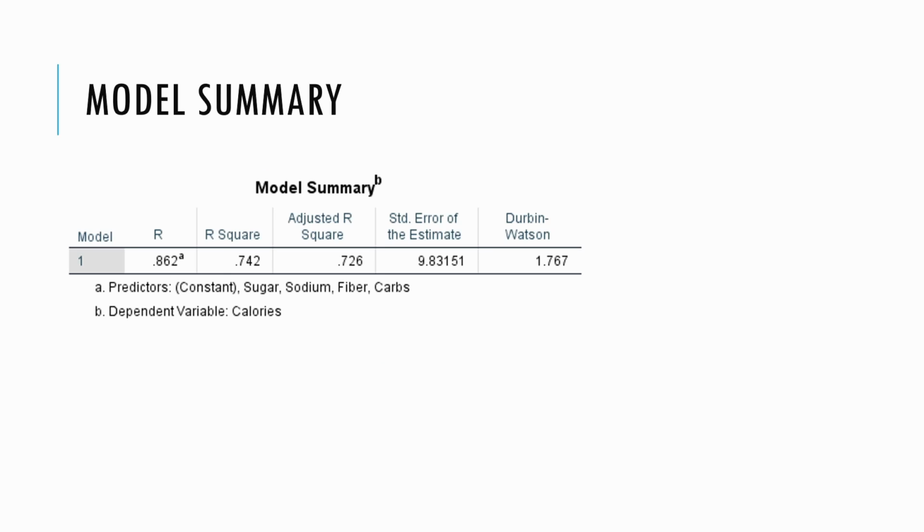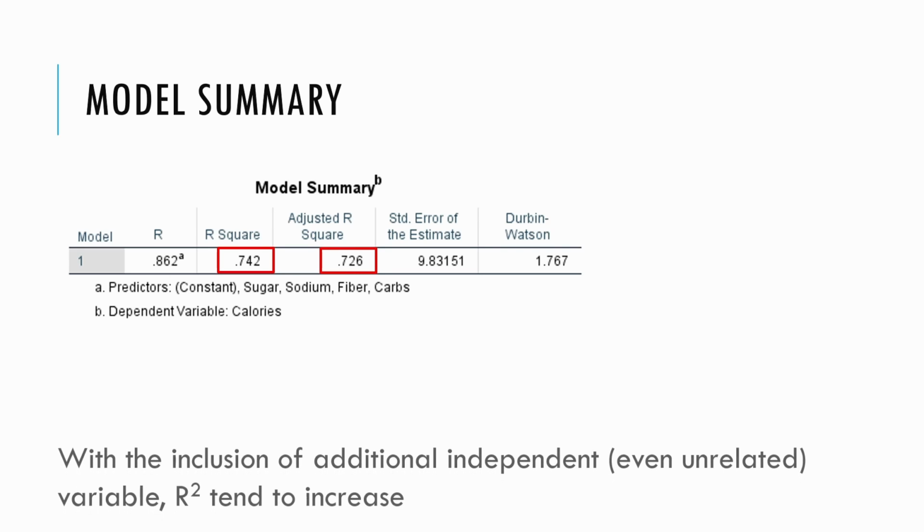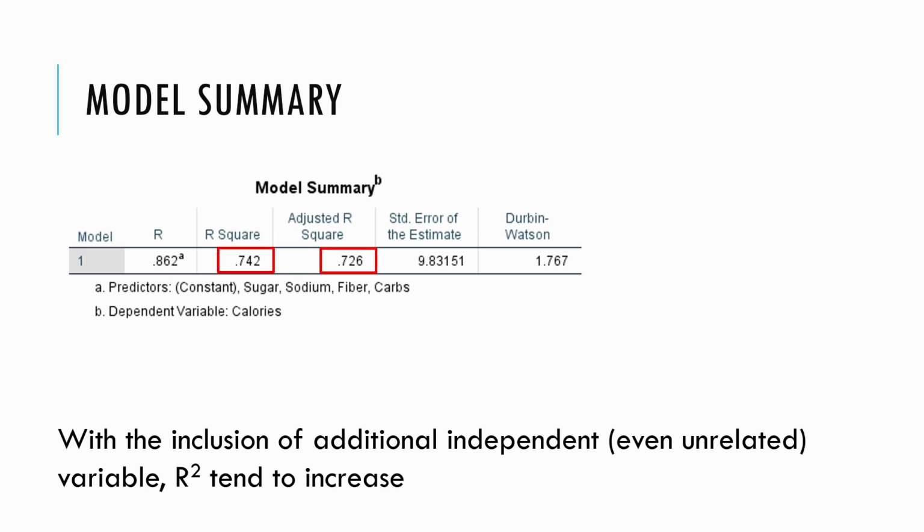Here you get to see the R square value and the adjusted R square value. First of all, note that when we are dealing with multiple linear regression, we should never go for only the simple R square value. We should refer to the adjusted R square value. And why so?